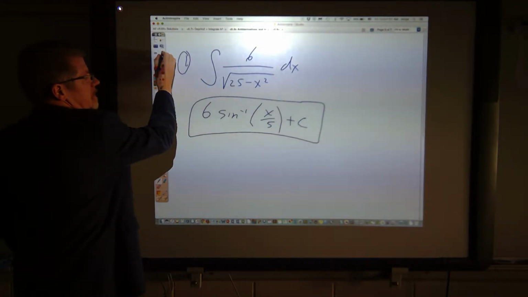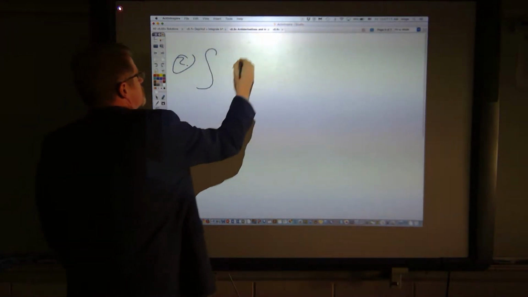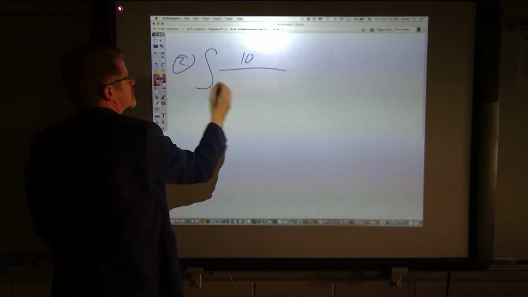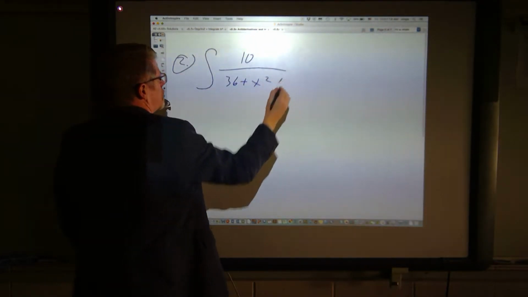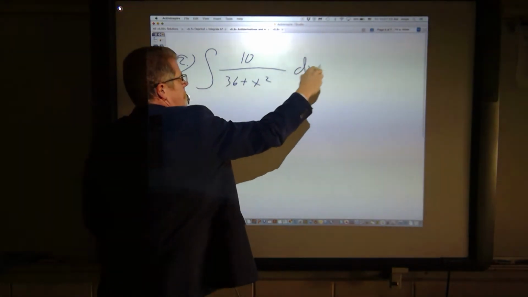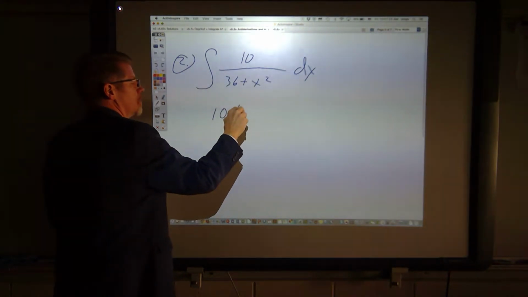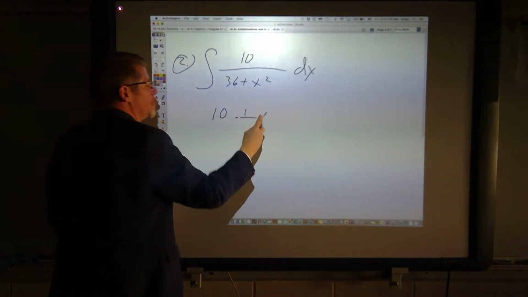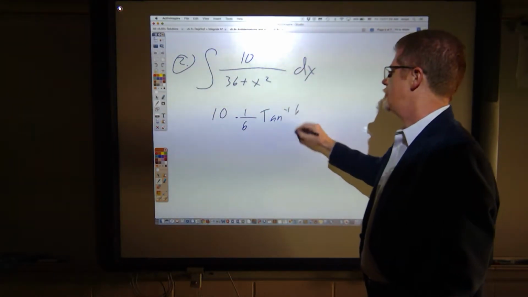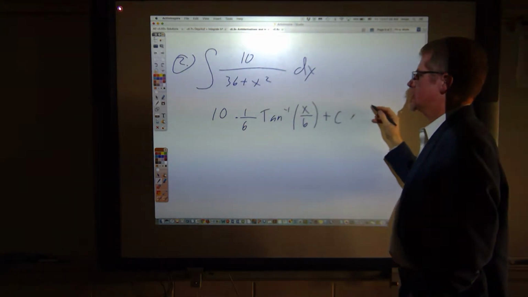just to emphasize, now that we know the formula, doing problem 2 again, here's what you'll be doing on the homework. 36 plus x squared. You're just going to pull the 10 out front, and then use the formula, which is 1 over a times tangent inverse of u over a plus c.